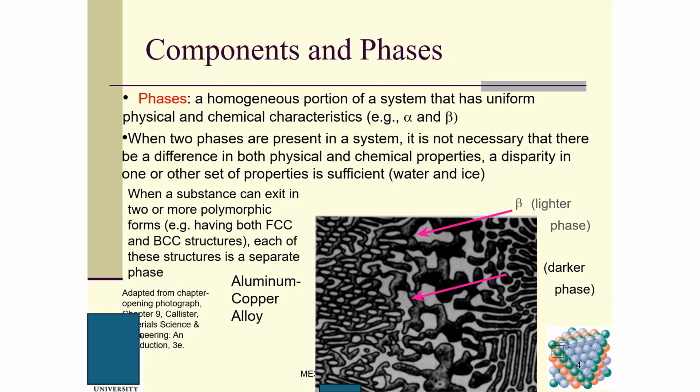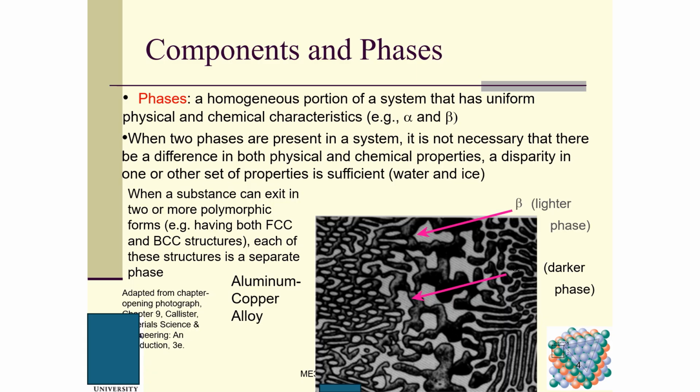Generally speaking, as long as there is at least one different mechanical, physical, or chemical property among these phases, even though in other aspects these materials are the same, they are still called different phases. Do you understand?